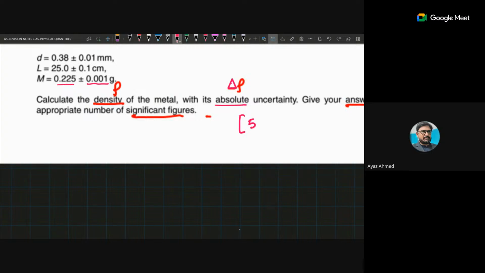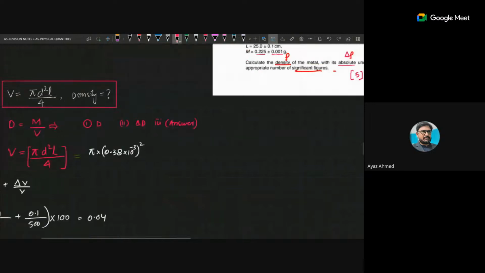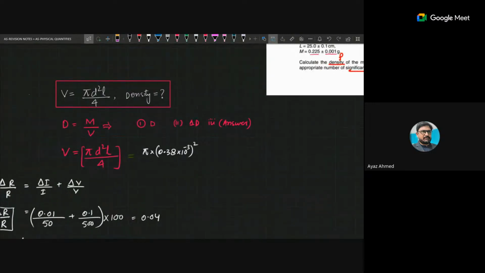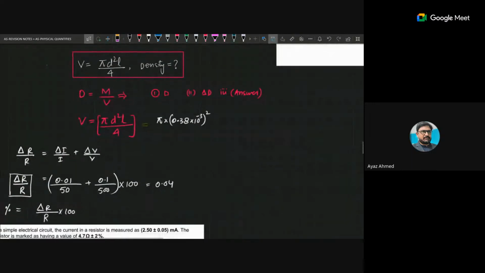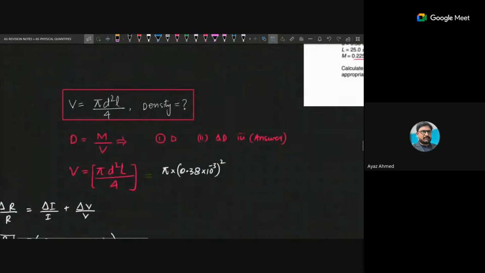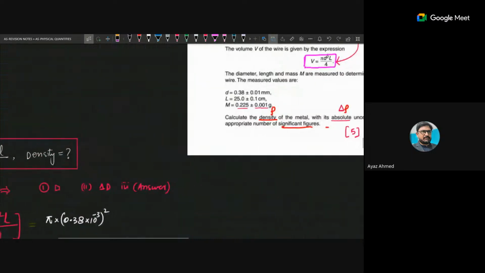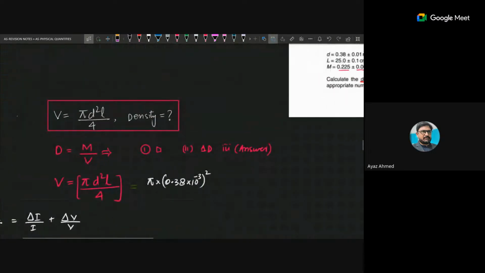It should probably be a 4 to 5 mark question. First of all, what will you do? You have to find the volume. For volume, the formula is given to you, pi d square L divided by 4, and that's it. You will calculate the volume. In step number 2, you will calculate the density as mass divided by volume.